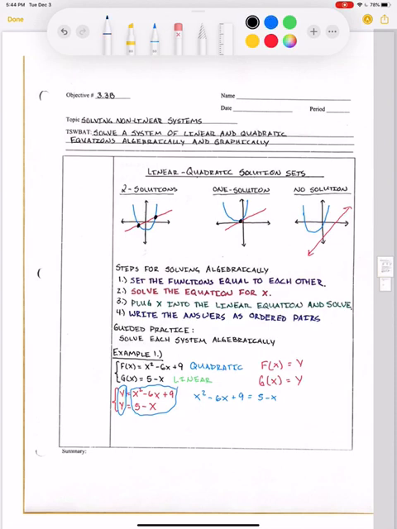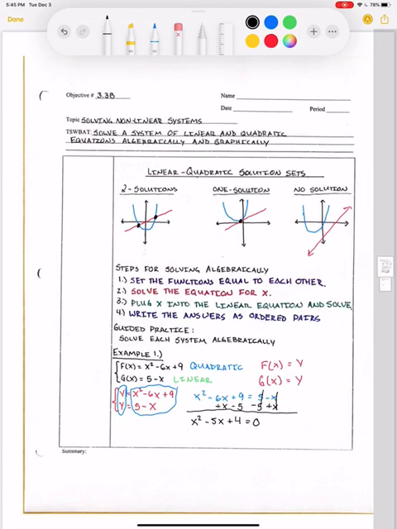To do that, I'm going to subtract 5 from both sides. And I'm also going to add x to both sides. That will make the right side of my equation 0 because these will cancel out. And I'll have x squared minus 5x plus 4 equals 0.